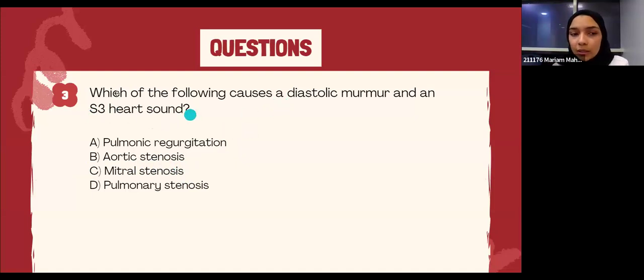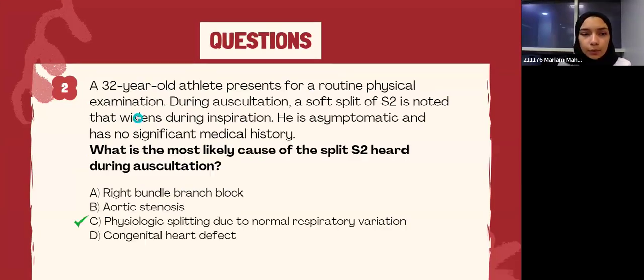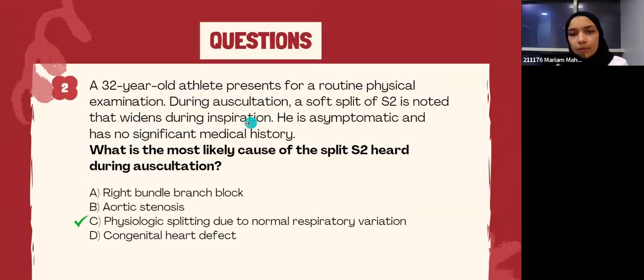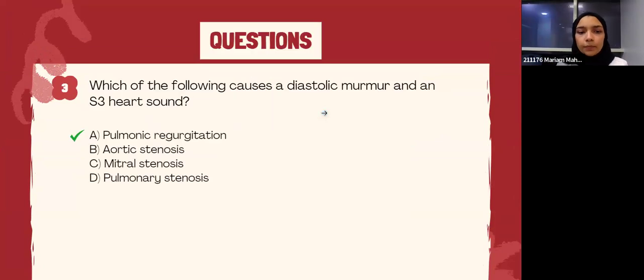So because we said that there is an S3 heart sound, there is a volume overload, okay? Volume overload happens when there is pulmonic regurgitation, because the blood is coming back from the pulmonic artery and also from the atrium.